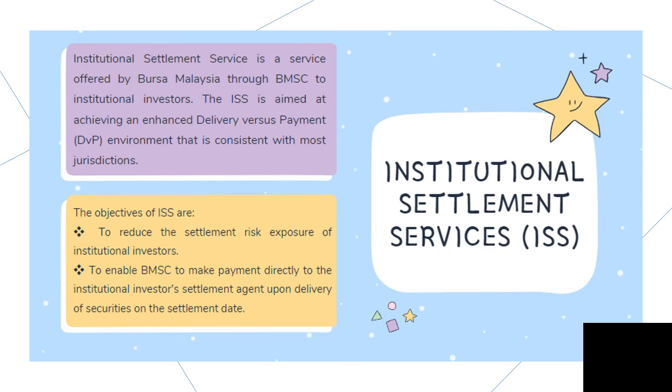And lastly, we have institutional settlement services, or ISS. ISS is a service offered by Bursa Malaysia through BMSC to institutional investors. What are institutional investors? They are from corporations, companies, and so on.